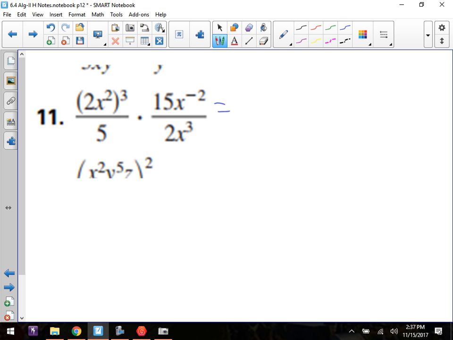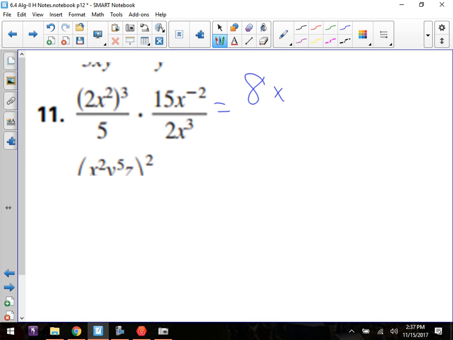So this example here would give me 2 cubed, which is 8 x to the 6th over 5 times 2 x cubed. Here's a 15. Where does that x to the negative 2 go then? Goes to the bottom. So now you can start simplifying.